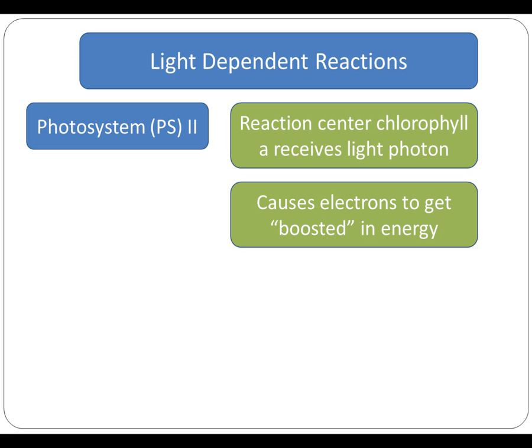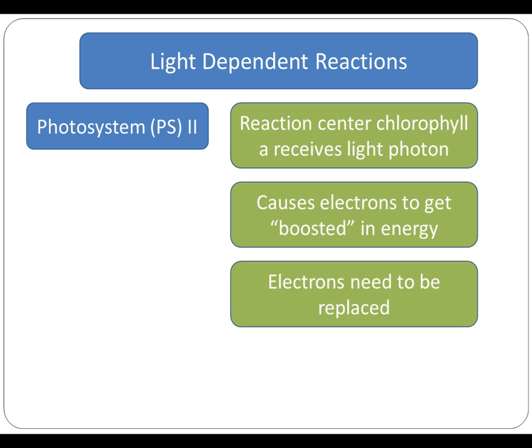Once those electrons get boosted, they can go on and enter this pathway. But if we want the plant to continue to do its thing, we need to replace those electrons. And we said they come from where? Water. Okay, so the electrons can be replaced from a new molecule of water. Water is stripped of an electron, and that releases what?